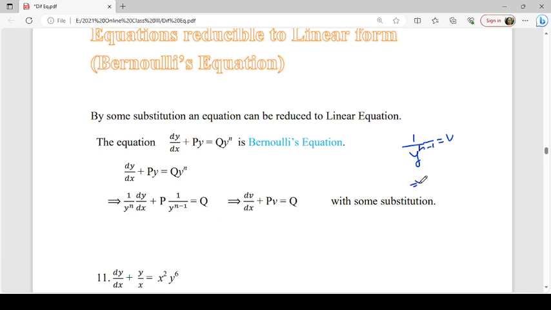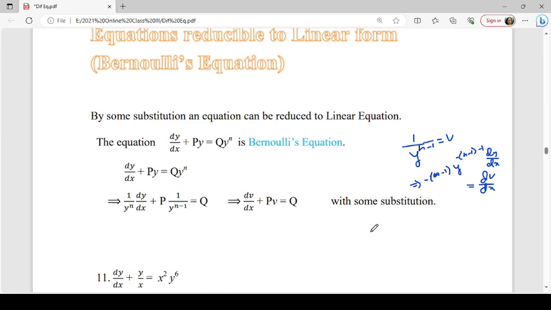So this implies d/dx of y to the power minus (n minus 1), and the coefficient is the power, minus (n minus 1), then y to the power minus (n minus 1) minus 1, into dy dx. So left hand side is this and right hand side is dv dx.